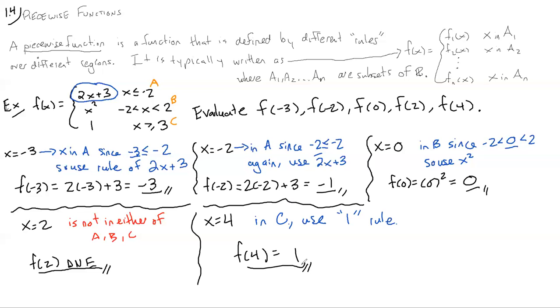There's nowhere to plug in x equals 4. It's a constant 1. It's constantly 1. So that's how we get those outputs.